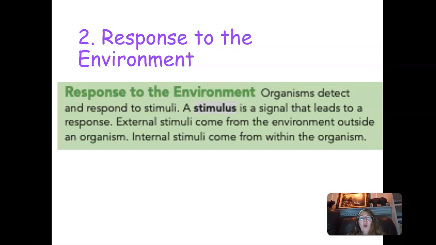Just like us, we respond to the environment. When it's too hot outside, we either go inside or we sit outside and sweat. And sweat is a response to the environment. It's our body's attempt to cool down our internal temperature.